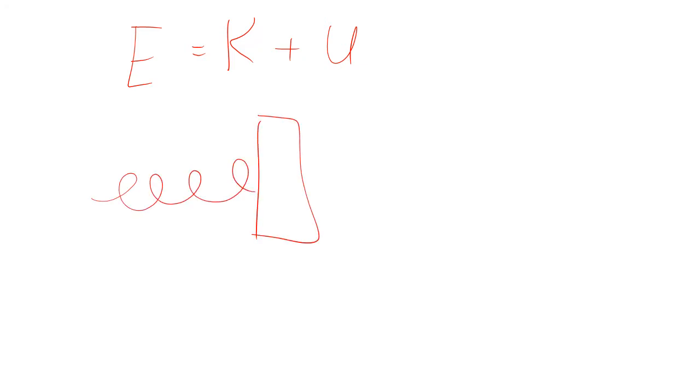All right, so there are a couple of things we can say. We know that the total energy is going to be kinetic energy plus potential energy. For a spring, the kinetic energy is 1/2 mv squared and the potential energy is 1/2 kx squared.